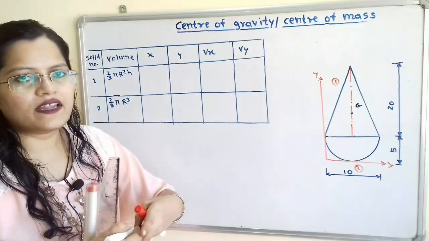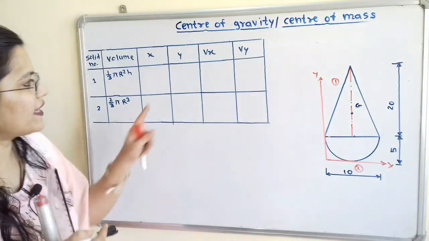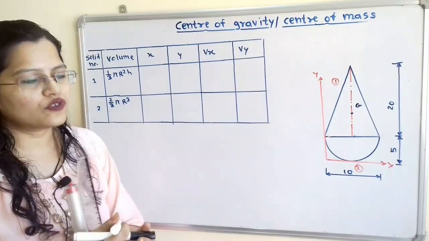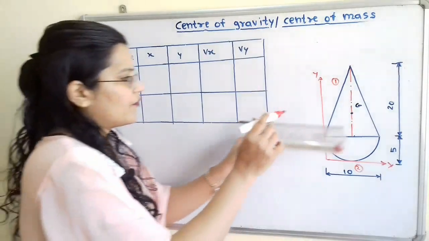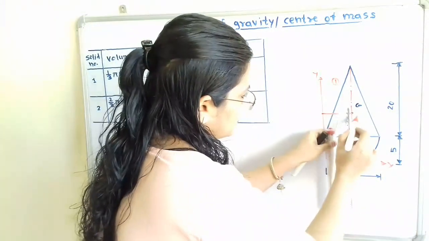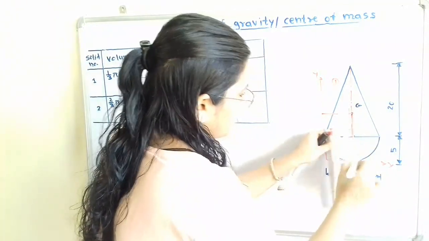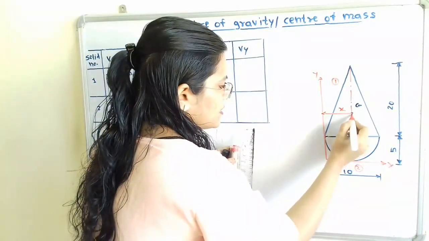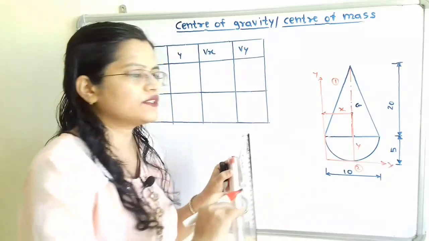Now how to find the value of x and the value of y? The next step is to draw two perpendicular lines, one on the y-axis and the other on the x-axis. So this horizontal distance is known as x and this vertical distance is known as y.